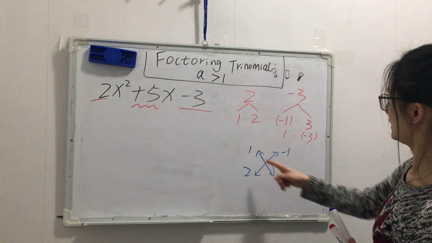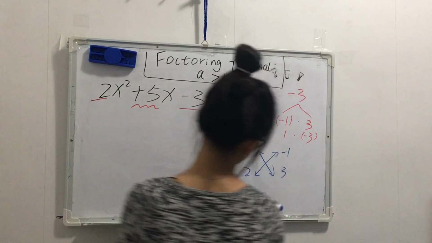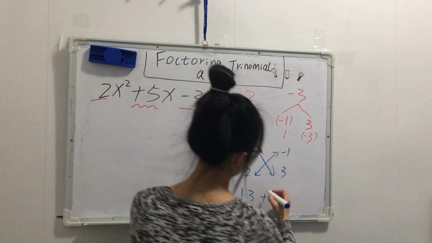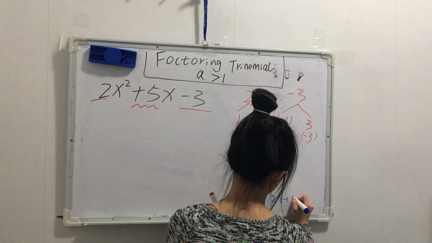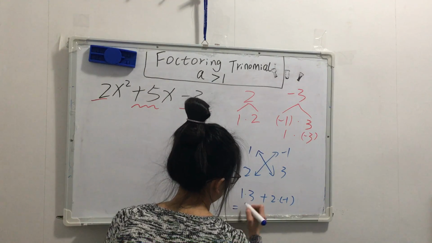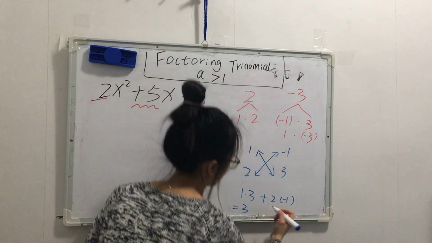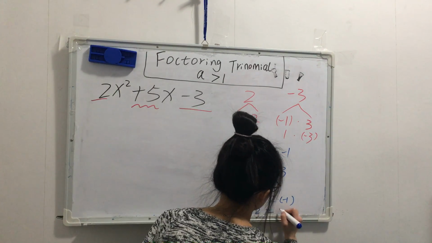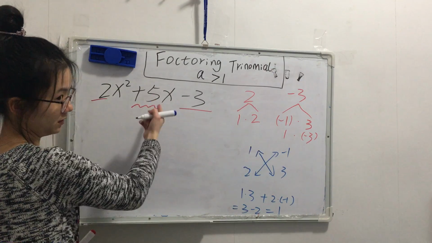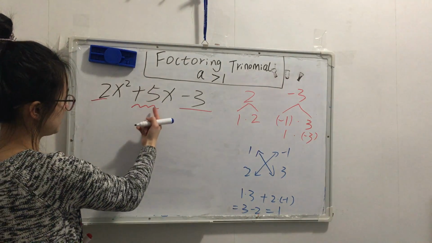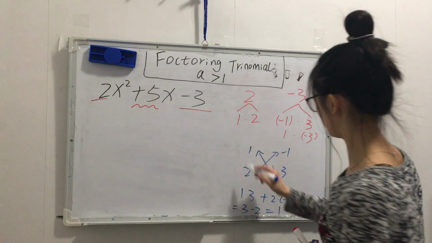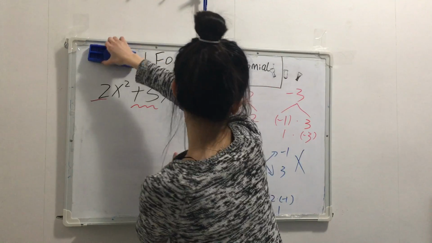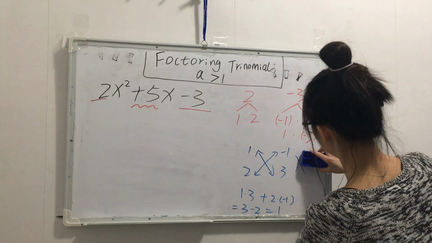Then we see 1 times 3 plus 2 times negative 1. 1 times 3 is 3. 2 times negative 1 is negative 2. 3 minus 2, which is 1, is not our B term, because our B term is 5. So this doesn't work, right? Okay. Then we try another.